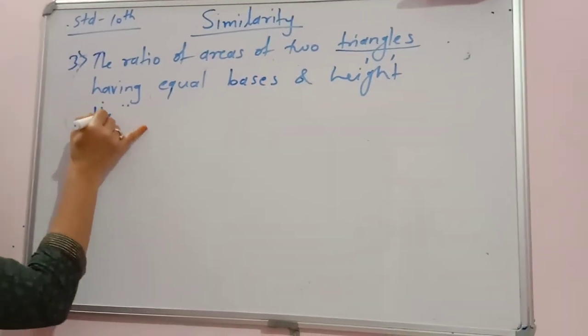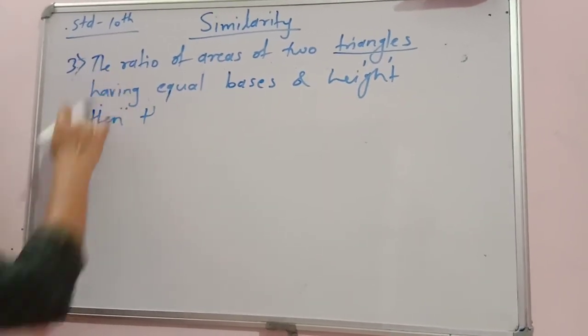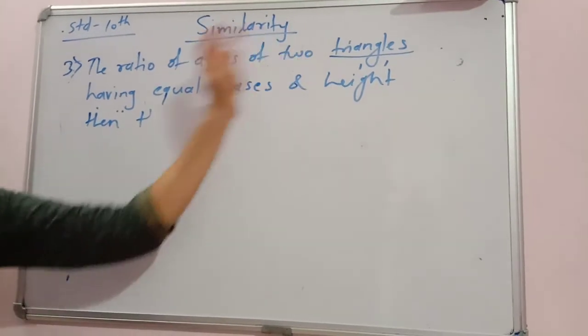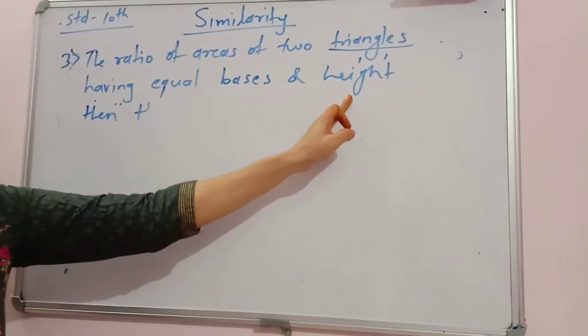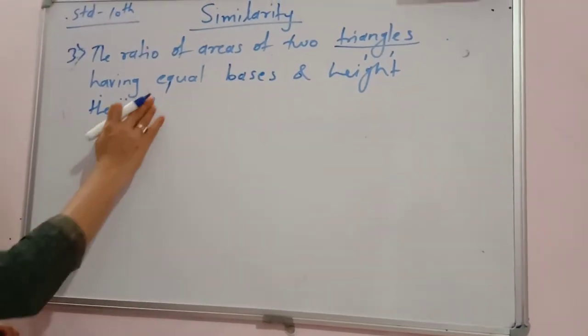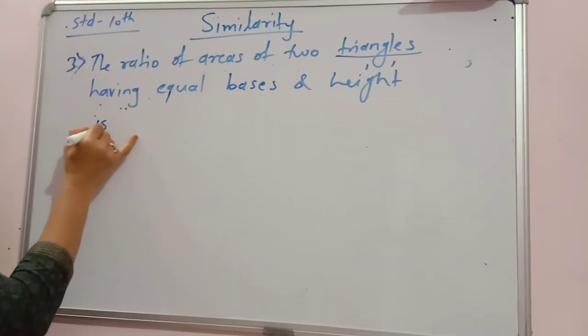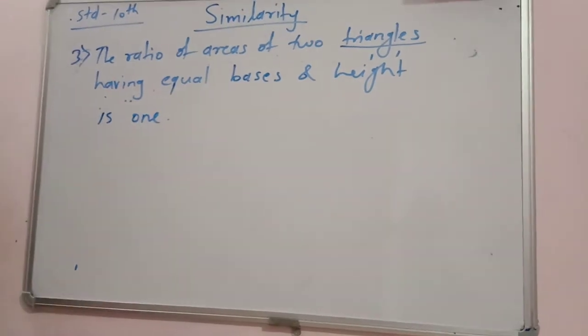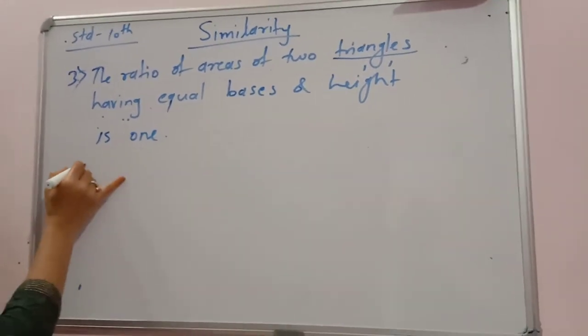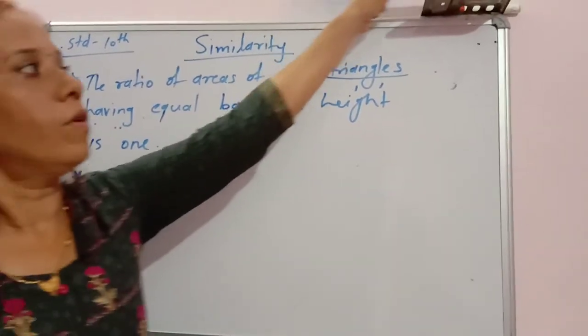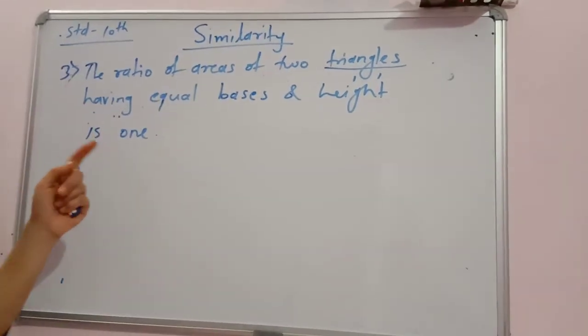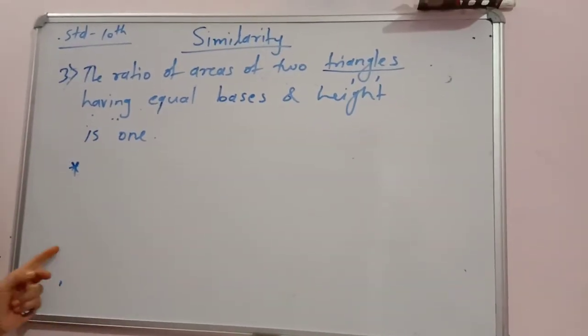Sorry, the ratio of areas of two triangles having equal bases and heights is 1, which means their areas will become equal. So what we can say here: two triangles having equal bases and equal heights have equal areas.